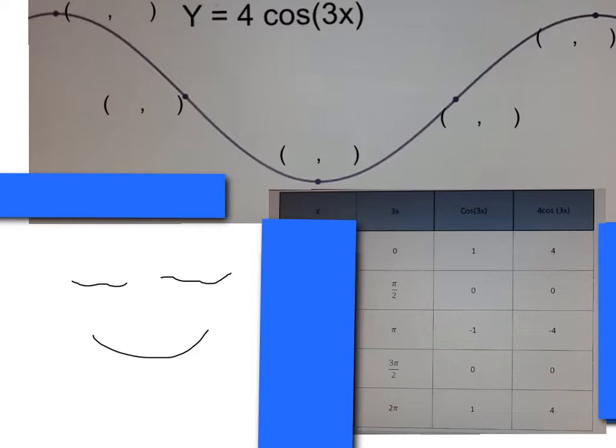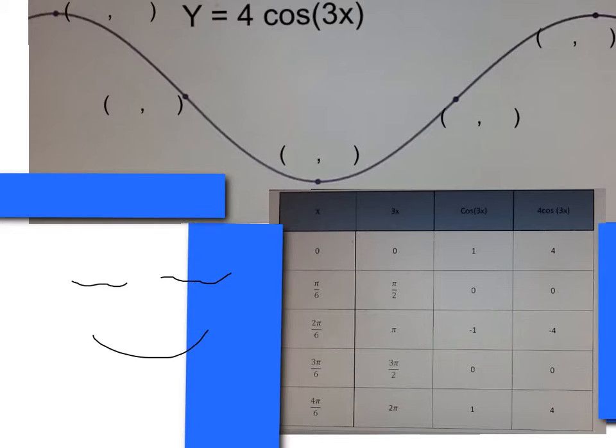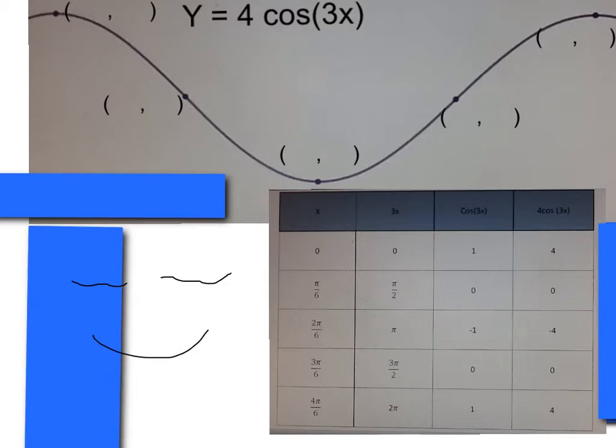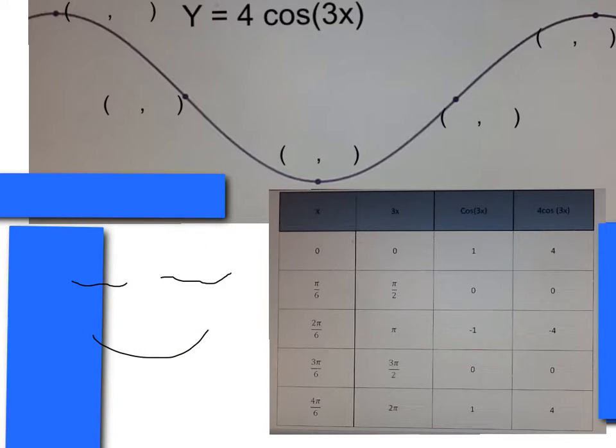Then going back to the left to fill in the x value, if we know what 3x is, then to find out what x is, we just divide by 3. So that gives us our values for the first column. For example, pi over 2 divided by 3 is pi over 6.